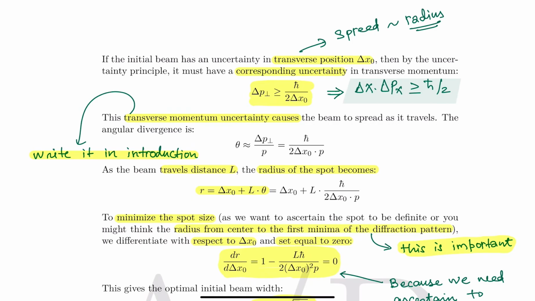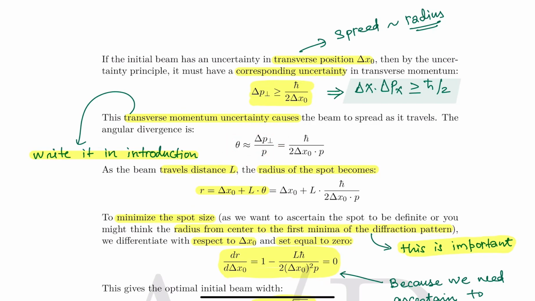By the uncertainty principle, it must have a corresponding uncertainty in its transverse momentum, given by this expression: delta x times delta px, that is uncertainty in position multiplied by uncertainty in momentum in the same direction, is greater than or equal to h bar upon 2. This transverse momentum uncertainty causes the beam to spread as it travels, and this spread could be represented by this angle theta.